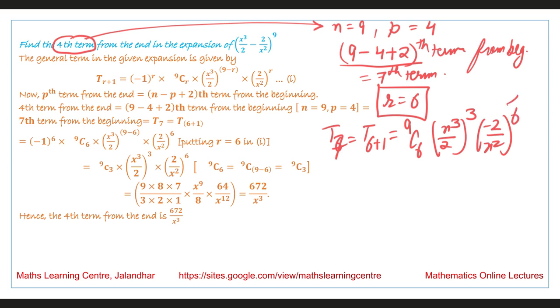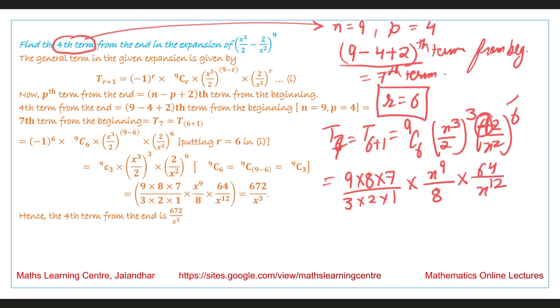Now this power 6 is there, so this negative sign is of no use over there. When we take minus 1 raised to power 6, it is plus 1. So the answer we get is 9 into 8 into 7 divided by 3 into 2 into 1, x raised to the power 9 by 8 into 64 by x raised to the power 12.